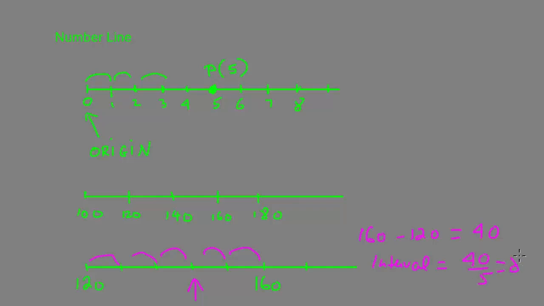So they're worth 8 units. So therefore this is 8, and this is 8, and this is 8. So therefore this arrow is pointing at a distance or a measure of, let's see, 128, 136, 144. So this is 144.